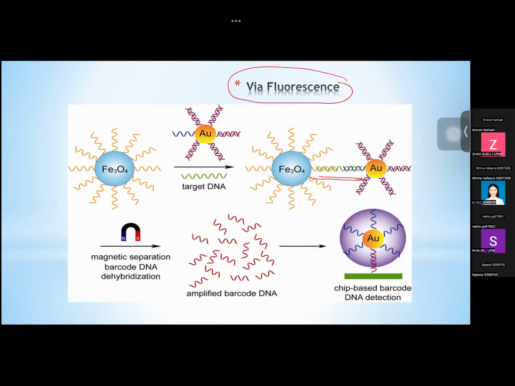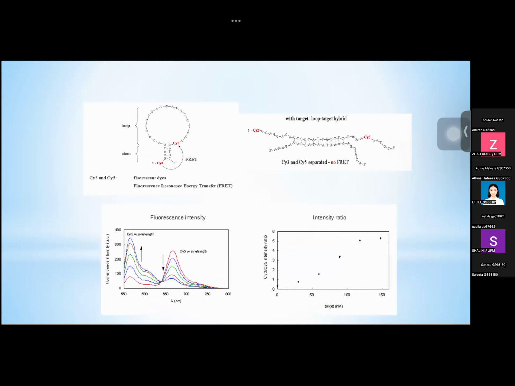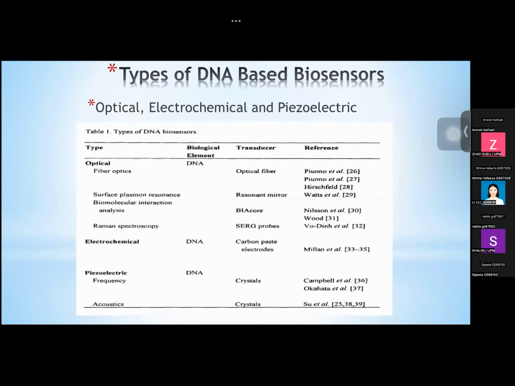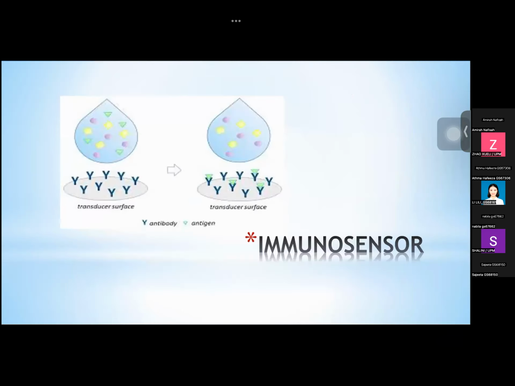This is just an example. I'm going to discuss this later, so you don't need to worry about this. I'm just giving examples of different transducers used in the biosensor. This is fluorescent, and these are also other types of transducers.